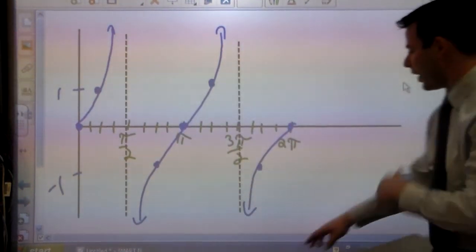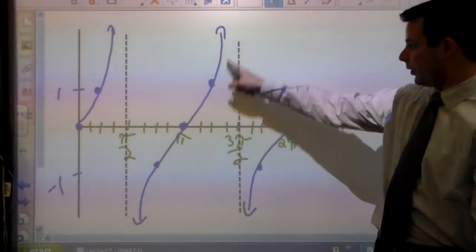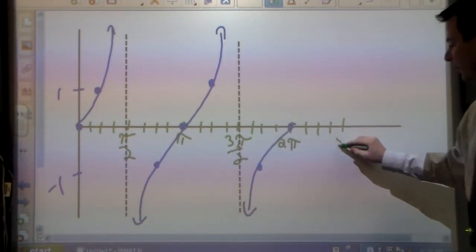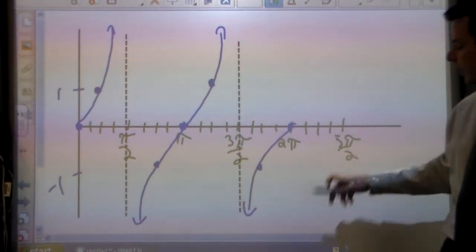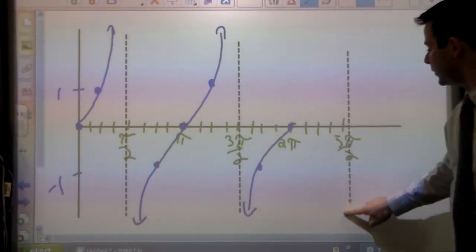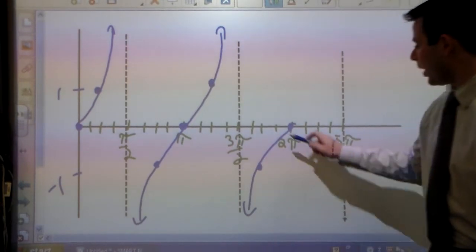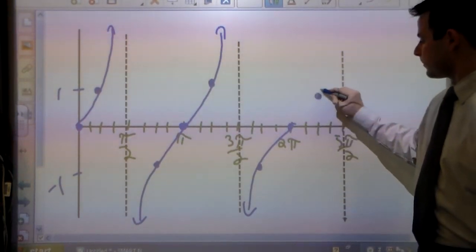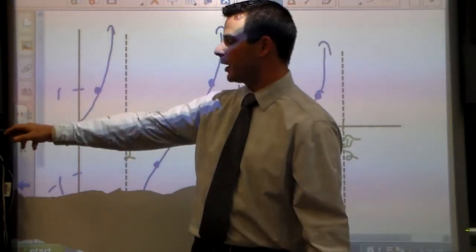So if I were to continue graphing, I would have one of these again, and this would be 5 pi over 2. So every odd multiple of pi over 2 has an asymptote. So we can plug in a dotted line there, saying don't cross here, and then we would just continue plotting. And then the same will go in the negative direction.